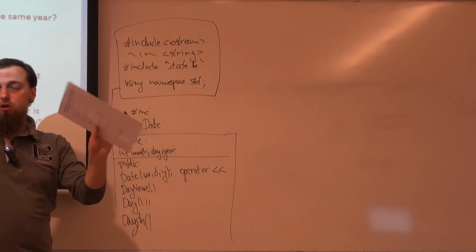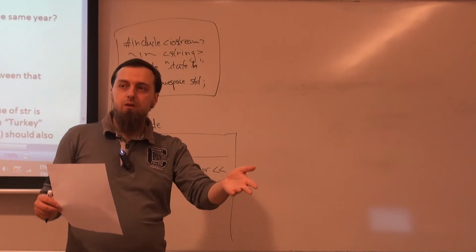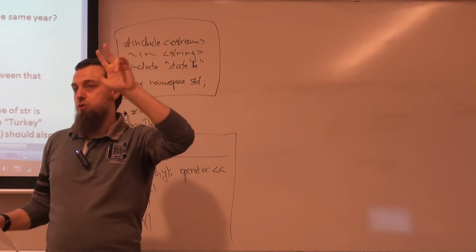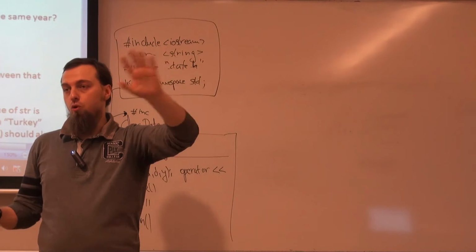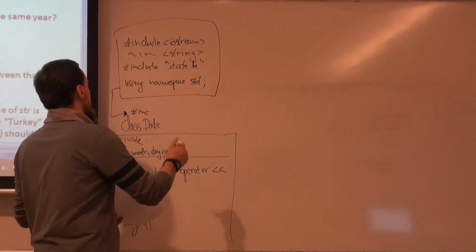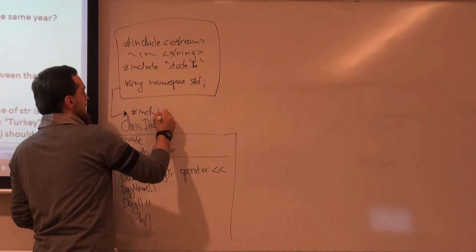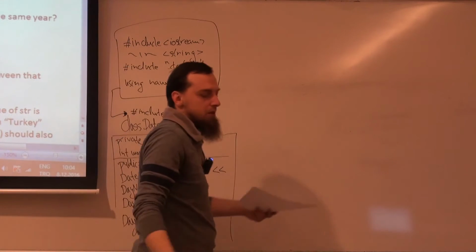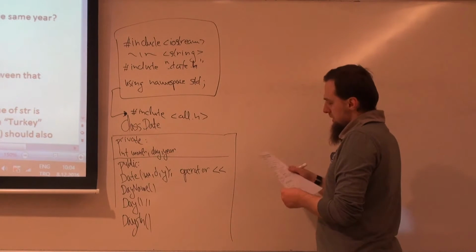And I encourage you to go through all the examples that we covered dealing with the date, the dice class, the random number generator. So instead of writing all the necessary classes, I'm going to write include "all.h", meaning that I'm including everything which is necessary in my program.